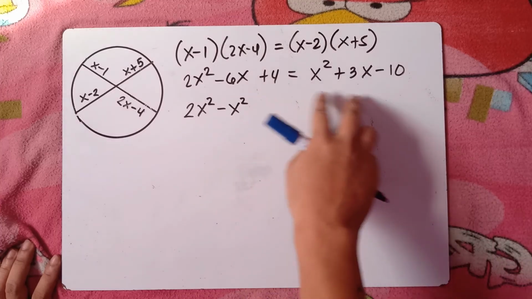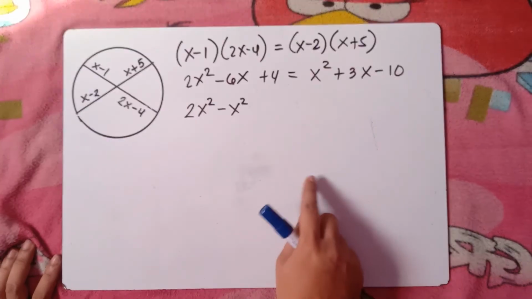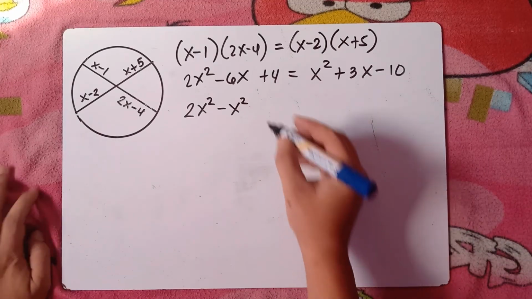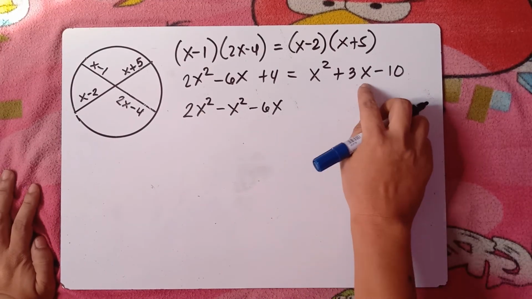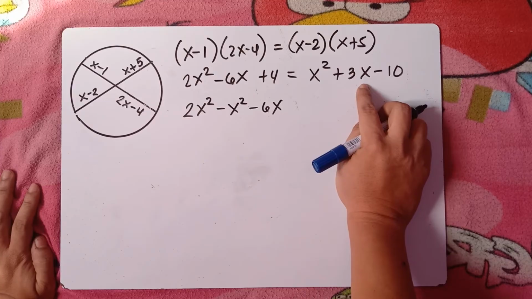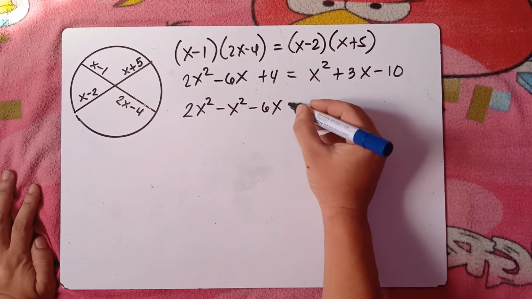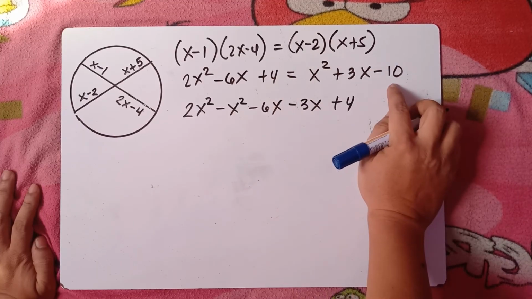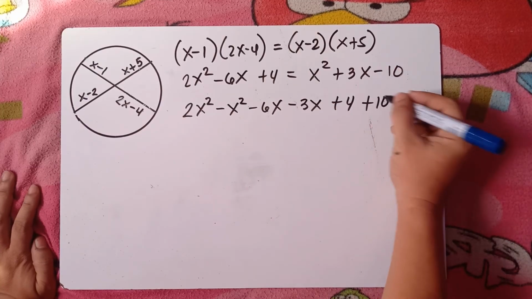So that we can combine like terms. This is x squared, this is x squared, we can combine that. 3x, x, we can combine that, and the number. Minus 6x, transpose 3x from right to left. Since this is positive, it becomes negative. Minus 3x, copy 4. 10, this is negative, it becomes positive. So transpose that. Plus 10 equals 0.